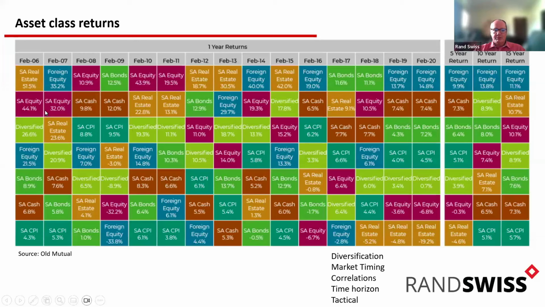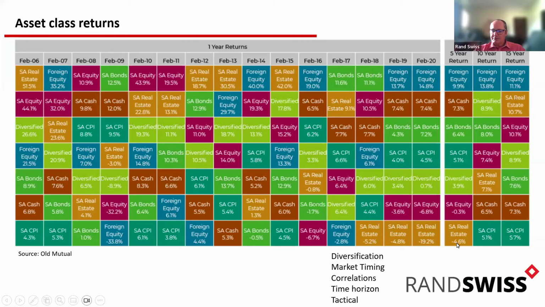But what I'm trying to show you here is how important asset allocation is. Because if I put 100% in SA real estate in February 2006, I was very happy. And then in February 2018, it was minus 5.2%. The following year, minus 4.8%. The year after that, minus 19%.